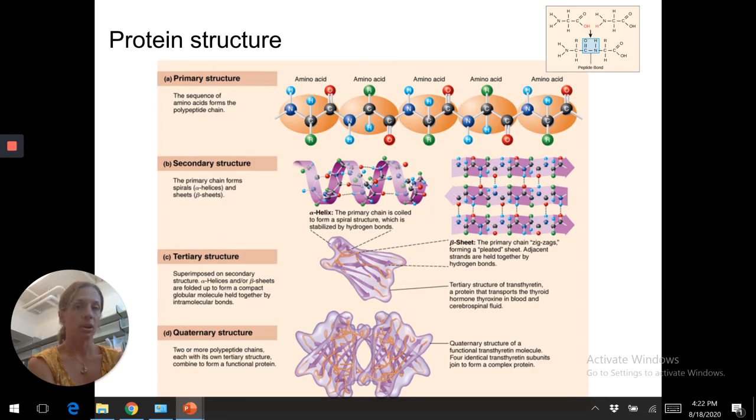Hemoglobin is an example of quaternary structure. There are 4 subunits to hemoglobin. So the primary structure of the protein is going to determine the tertiary and quaternary structure, therefore the function. And of course, the DNA code is going to determine the protein structure.